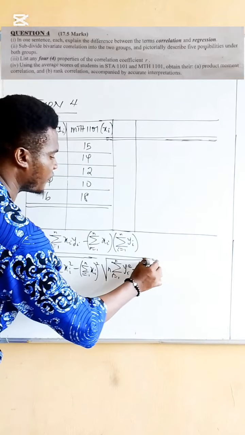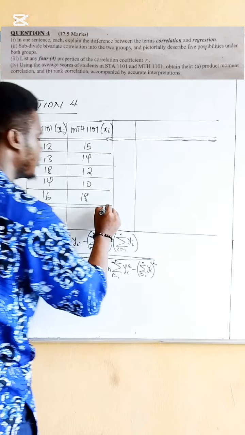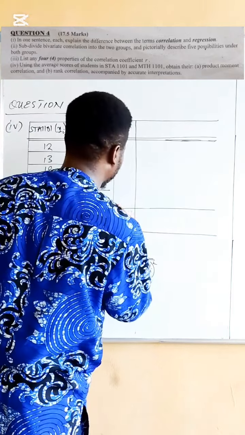I'm going to write out the formula first, and then this formula will guide me on what to get done in my table.